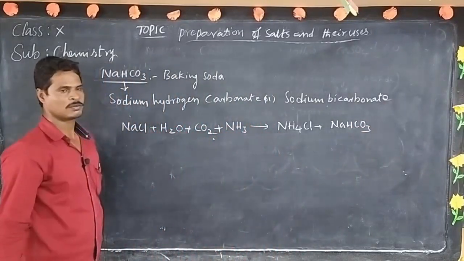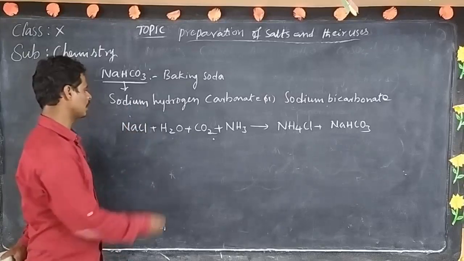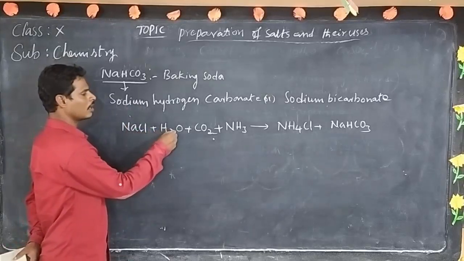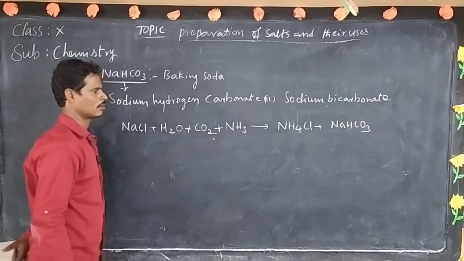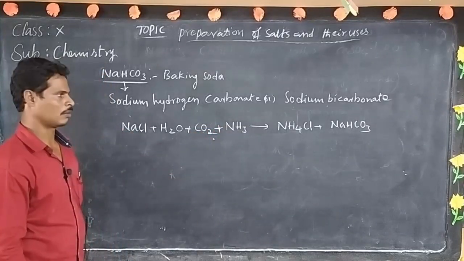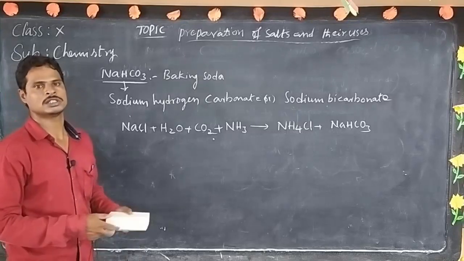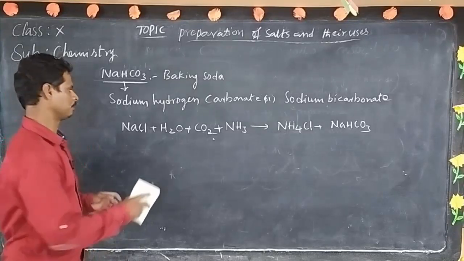So this is the preparation of baking soda. Sodium chloride reacts with water, carbon dioxide and ammonia to form ammonium chloride and sodium bicarbonate. Next, what are the uses of sodium bicarbonate?